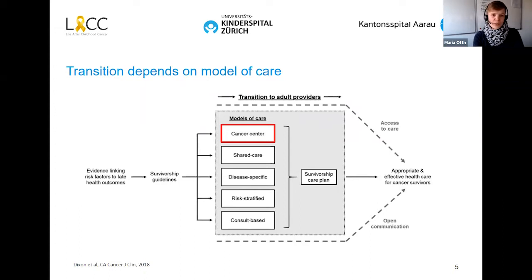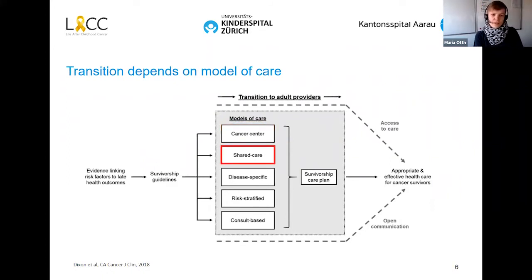The first one is the cancer center model. That's where the care is provided within a cancer center. That can either be done by the primary oncologist, meaning the pediatric oncologist who continues the care, with its advantages and disadvantages as highlighted before, or it can be performed within this cancer center but by a dedicated survivorship team.